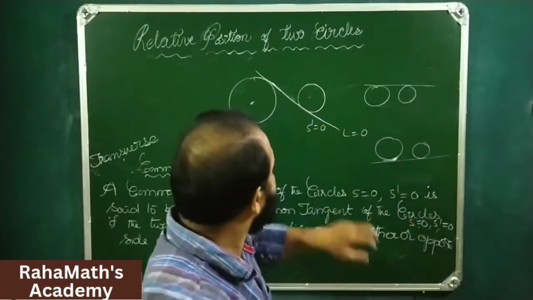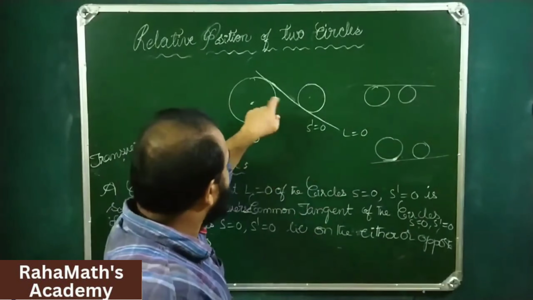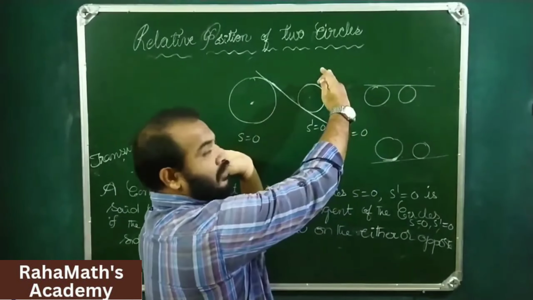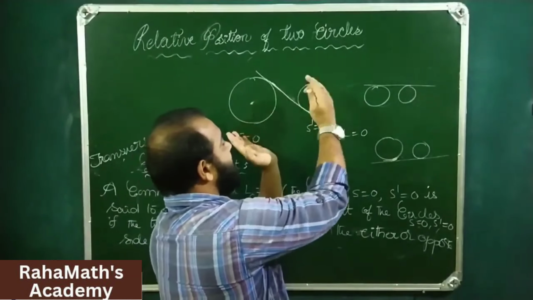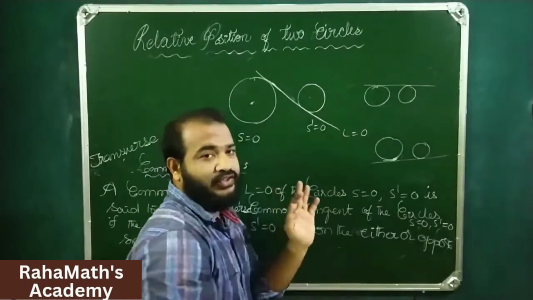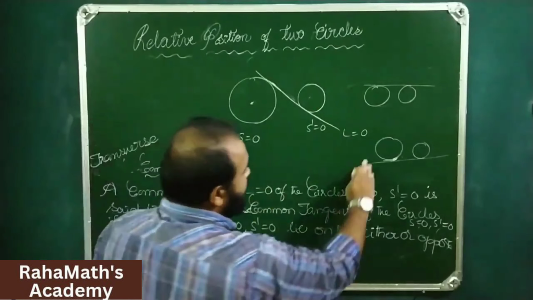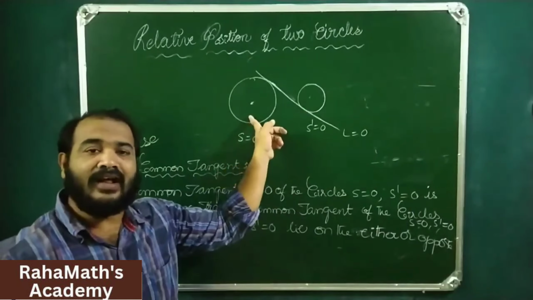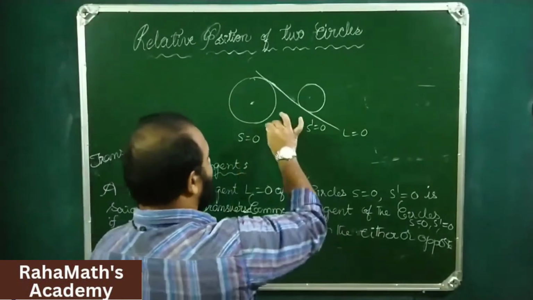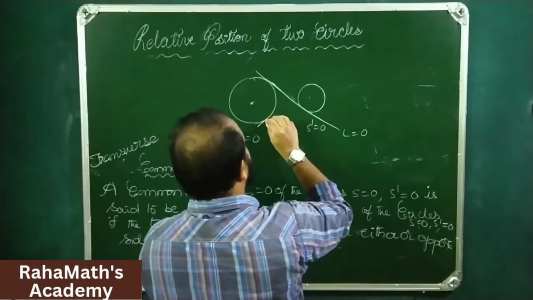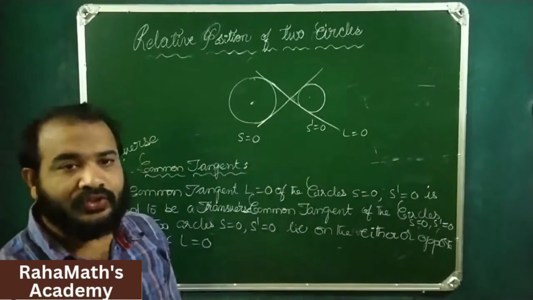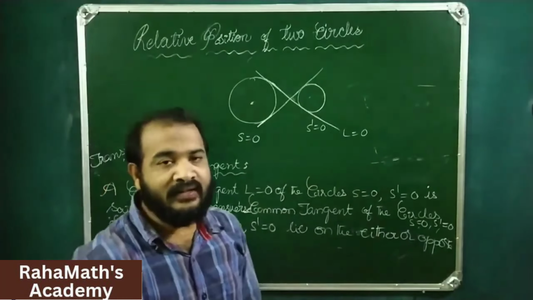But here these two circles lie on either side of L = 0. So such tangents are said to be transverse common tangents. If I take another situation like this, this is also a transverse common tangent.